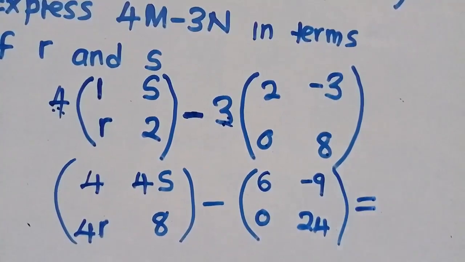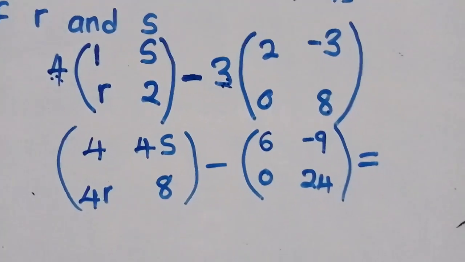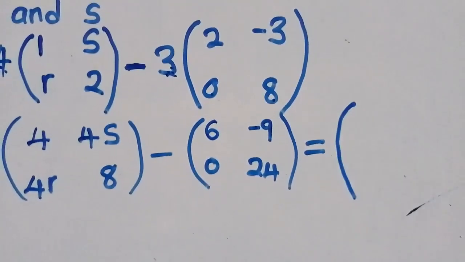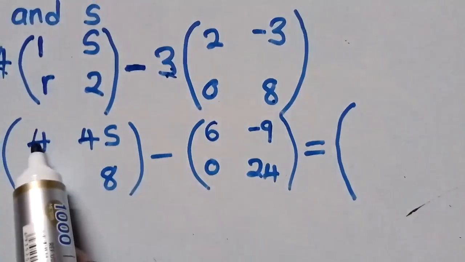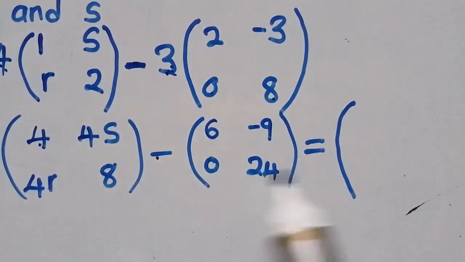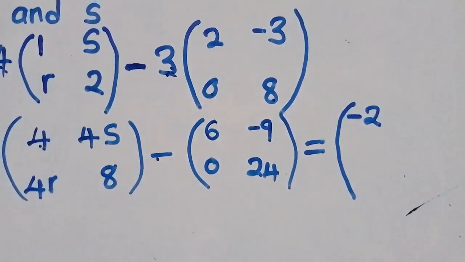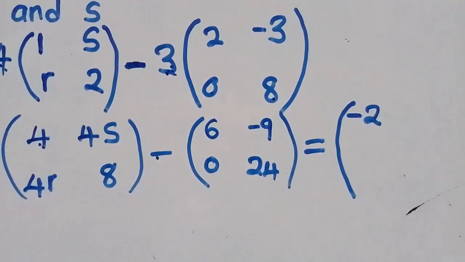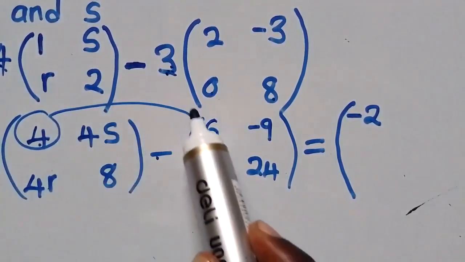So finally, when we subtract these two, which answer are we going to get? When you say 4 minus 6, you get negative 2. You just need to get their corresponding values. This one goes with that one.